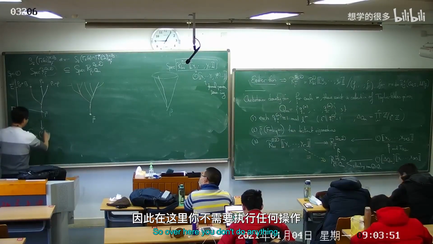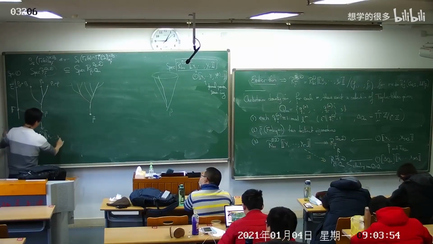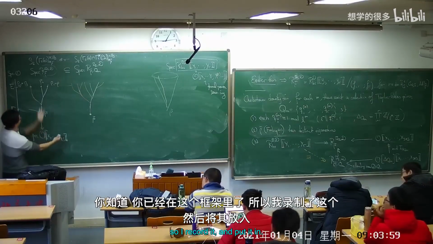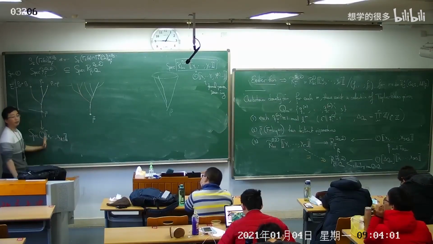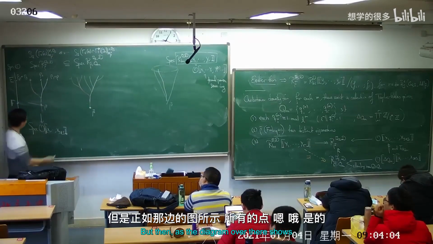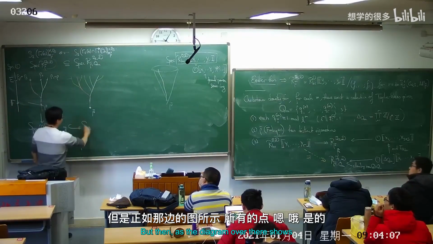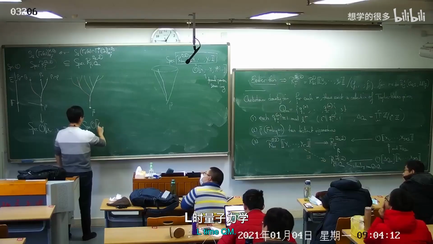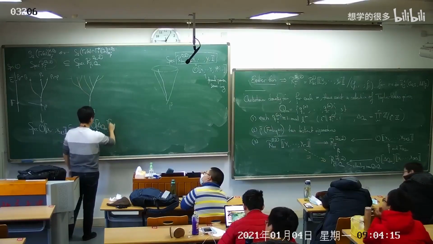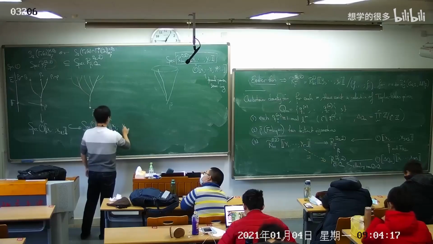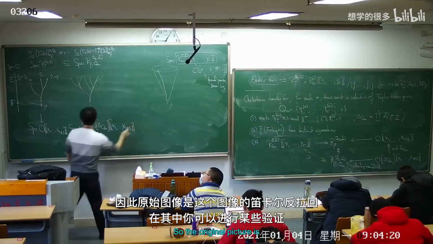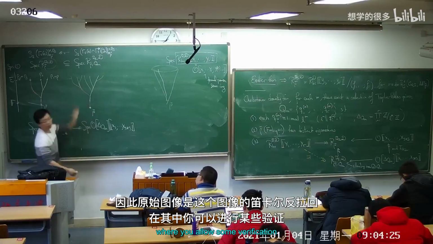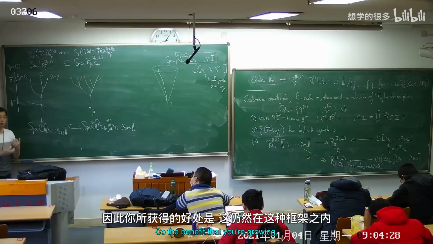Over here you don't do anything, so this is basically the spec of O, and you already have the frame, so I record the frame and put it in. But then, as this diagram shows, the spec of O of delta QM. So somehow the original picture is a Cartesian pullback of this picture, where you allow some ramification at these Taylor-Wiles primes. This is the Cartesian diagram.